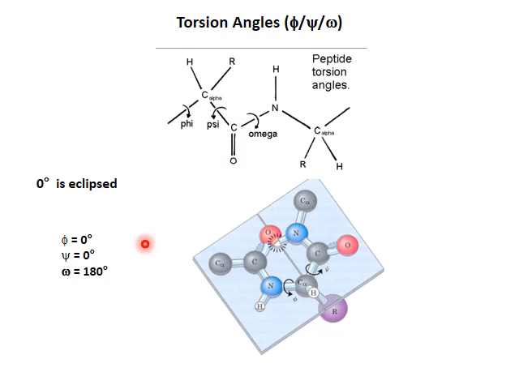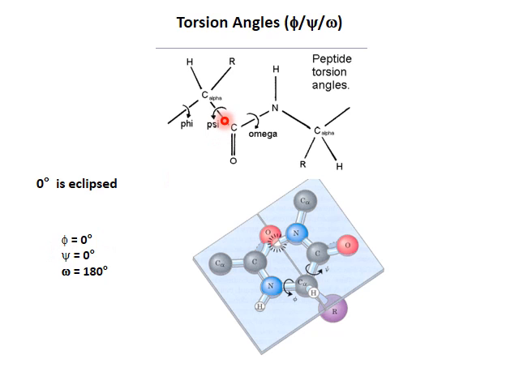As a result, this hydrogen and this carbonyl oxygen are in the same plane, but they're 180 degrees rotated from one another, and hence the omega angle is 180, and that's it. It's always going to be 180 because of this trans configuration of these alpha carbons. So that angle is going to be 180 degrees.